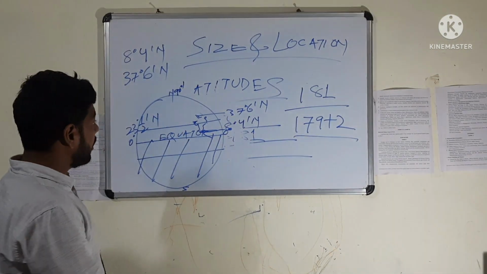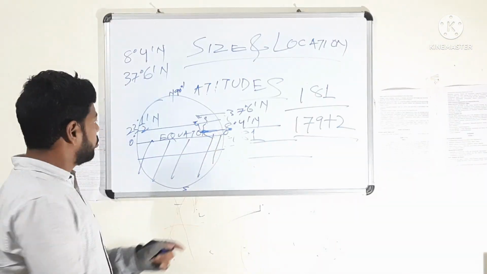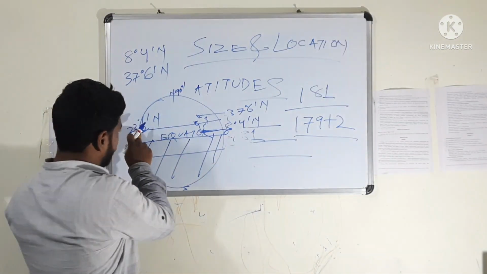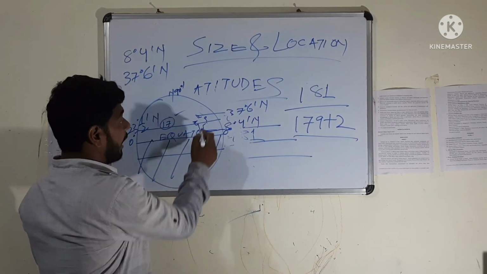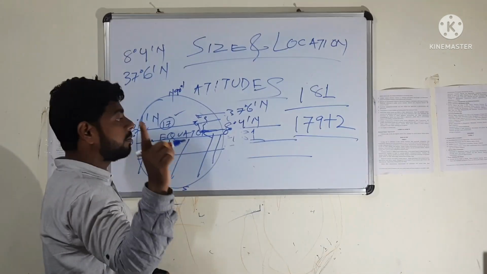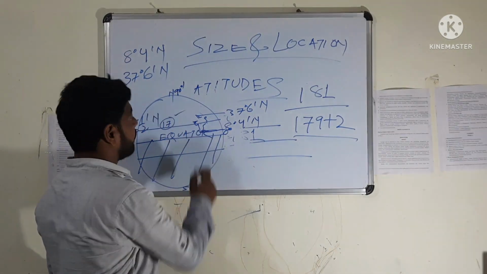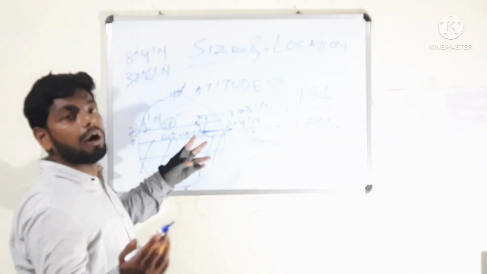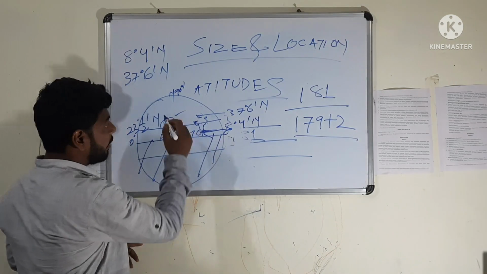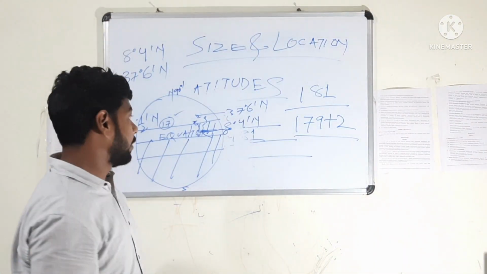It passes through a number of countries, from here to here. It passes through 17 countries, and India is one of them. And it separates India into two equal halves, right? Its relevance I will tell in detail.